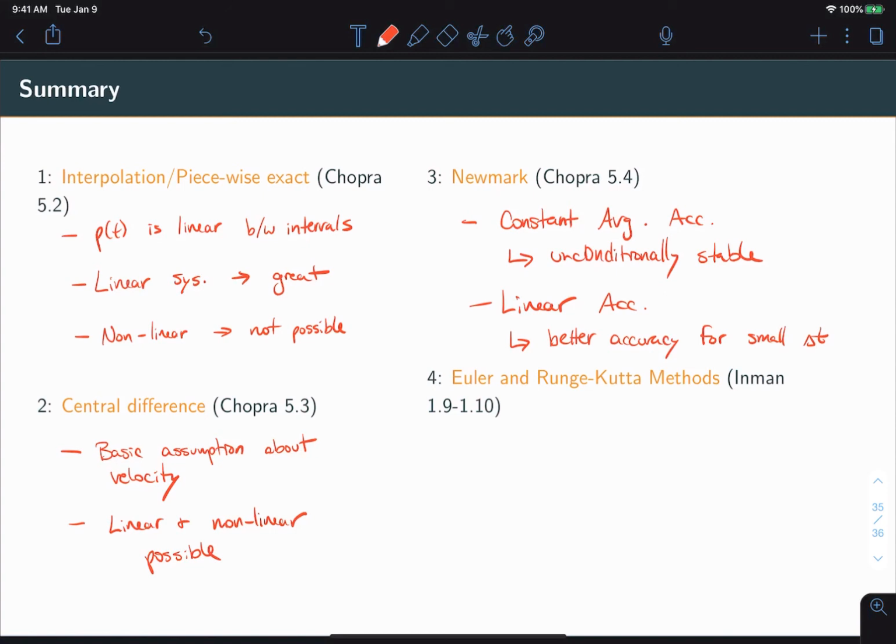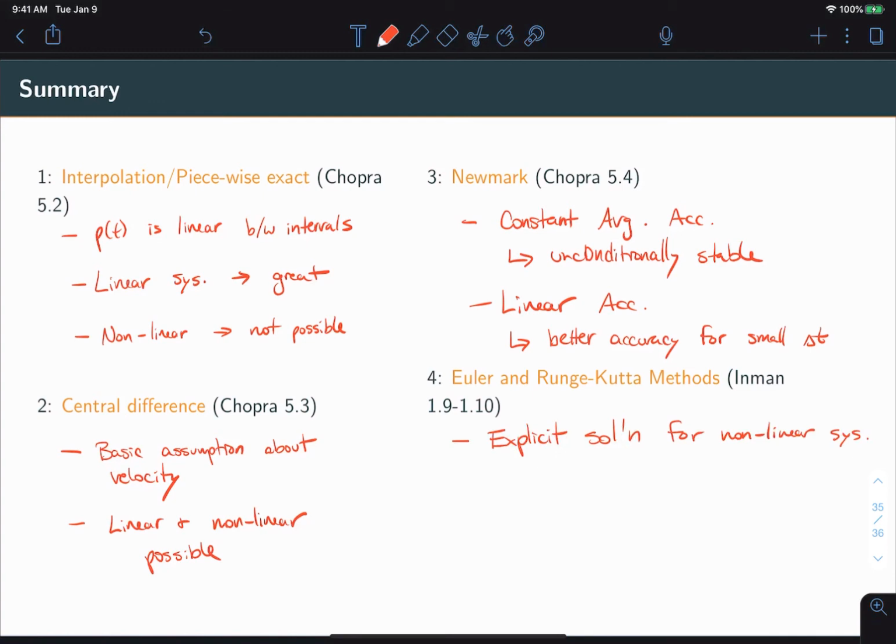And finally, we covered Euler and Runge-Kutta methods. Now, Euler is a method that you necessarily wouldn't apply, but it is important to understand it because it is the basis for the Runge-Kutta method, which is the real workhorse in this case. And the Runge-Kutta method had several advantages.